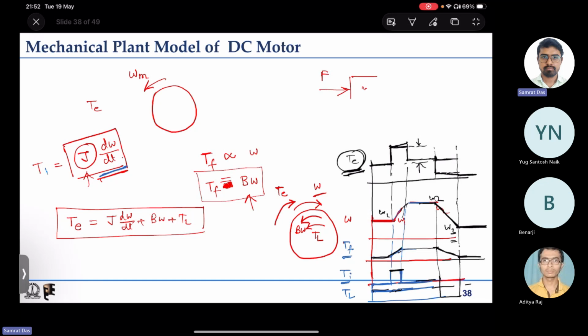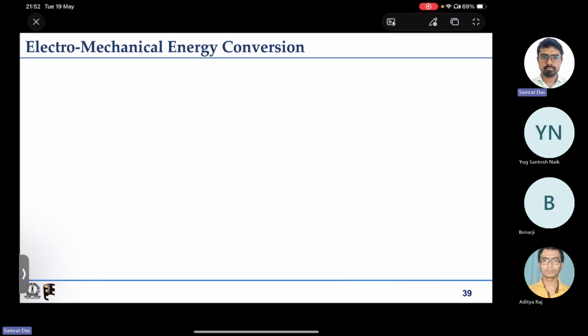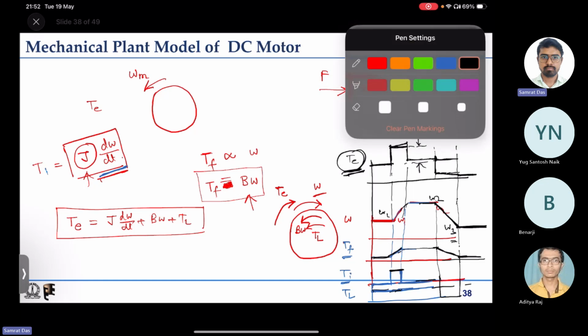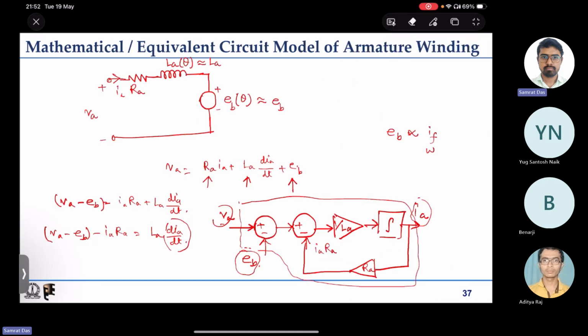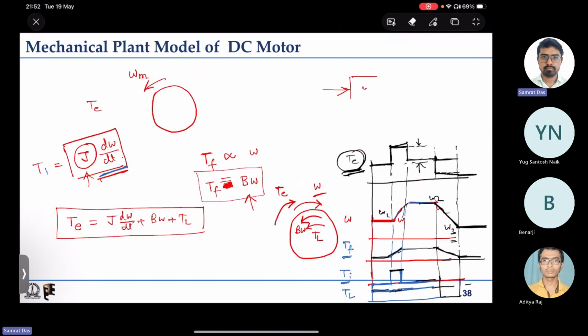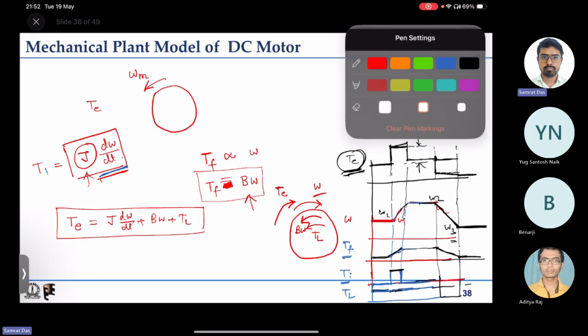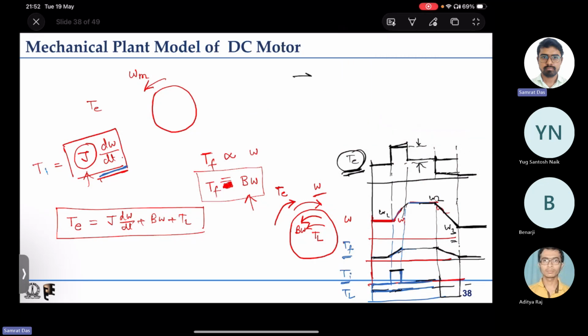But if we now want to get the mechanical plant model, what is the input of the mechanical plant model? The input is the electromagnetic torque, Te. Now we have to subtract the load torque demand.